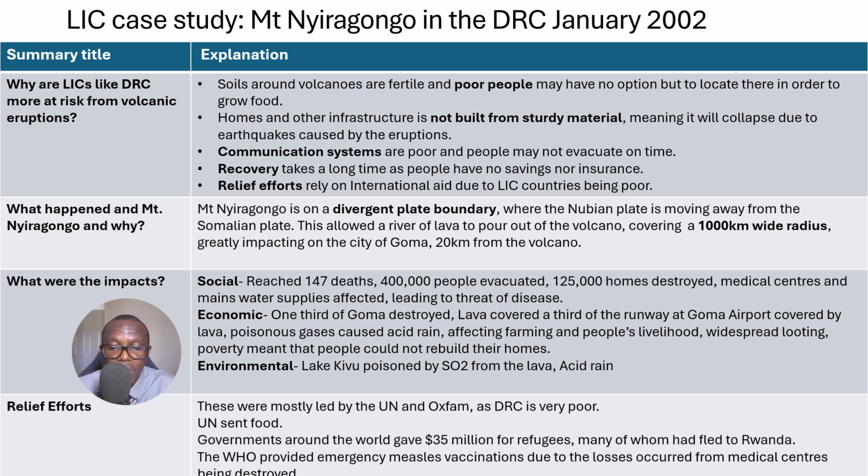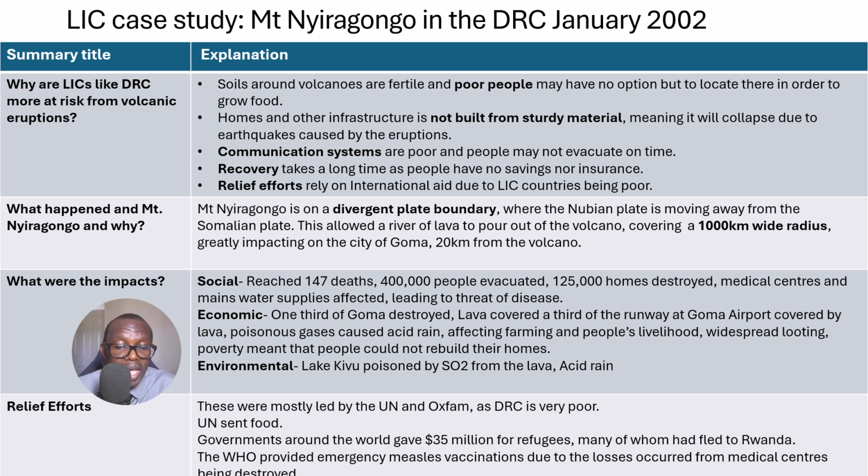These are people who had to move away from the area around Mount Nyiragongo, and some of them went as far as Rwanda, and therefore were refugees in Rwanda and needed financial assistance. So governments around the world gave $35 million to help these people.